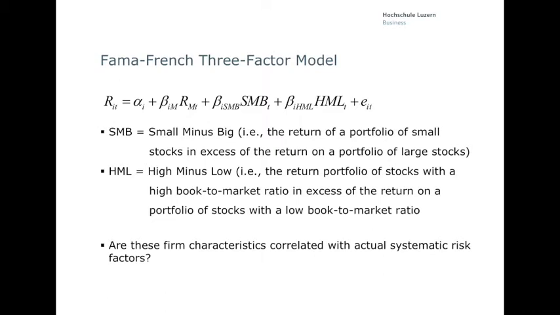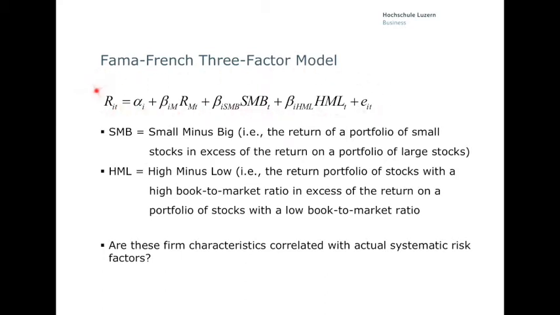One approach is to use firm characteristics that seem on empirical grounds to proxy for exposure to systematic risk. The factors chosen are variables that on past evidence have predicted average returns well and therefore may be capturing risk premiums. This approach is the Fama and French three-factor model, defined by the following formula.